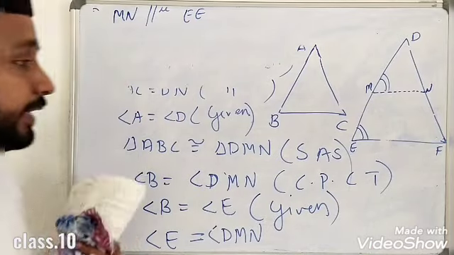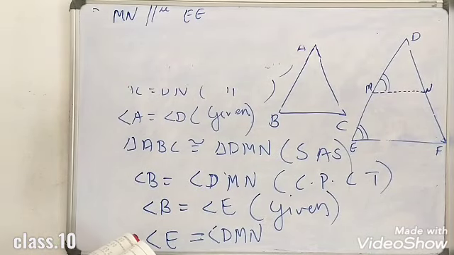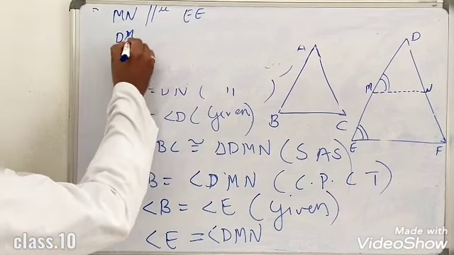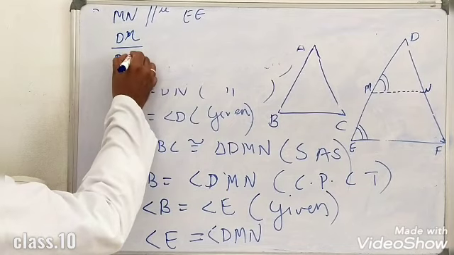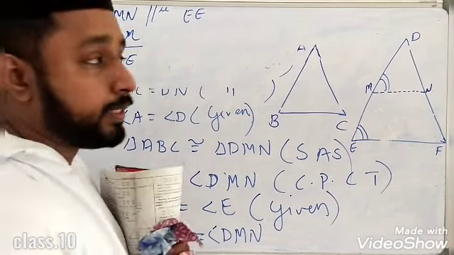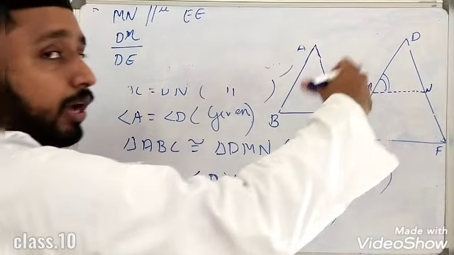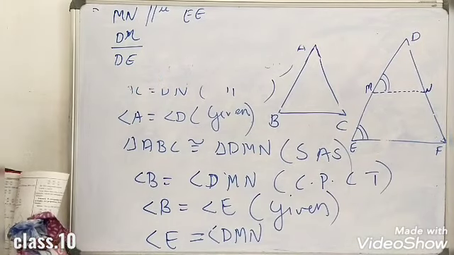By parallel lines in a triangle, we can say by the basic proportionality theorem, DM by ME is equal to DN by NF. We have also proved some corollaries.